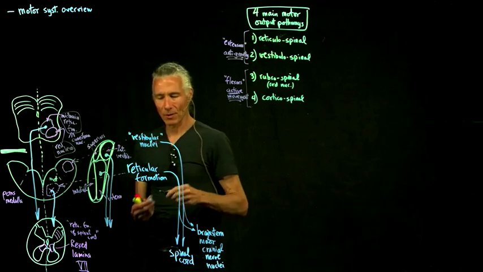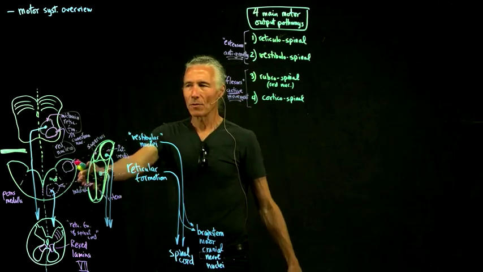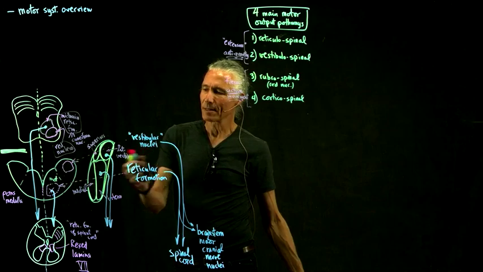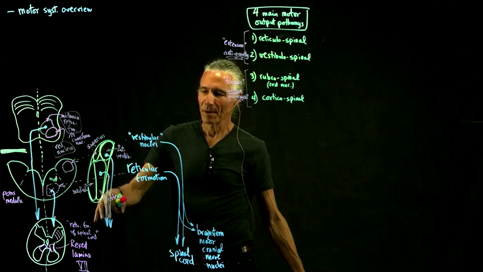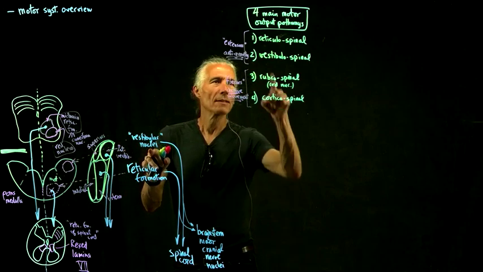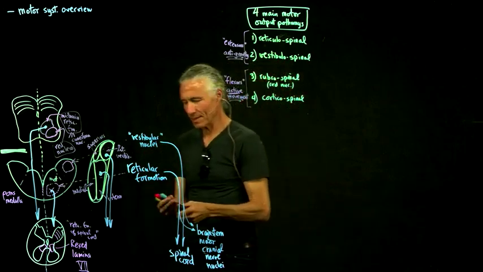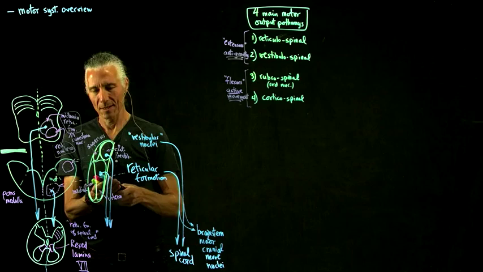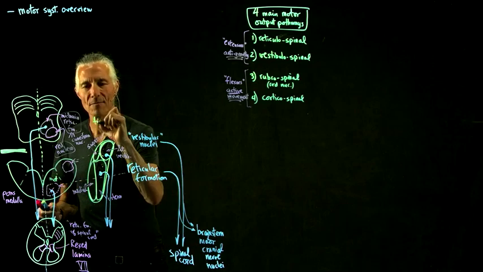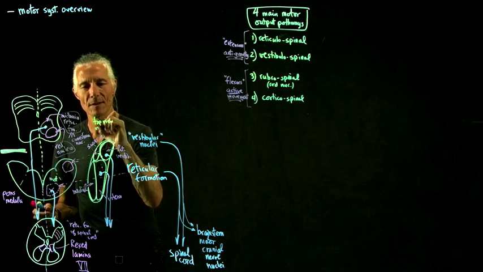The other vestibular nuclei are more sensory nuclei that go into the system, but these two are the main ones that form the vestibulospinal pathway. So this is, to label this top view, vestib.